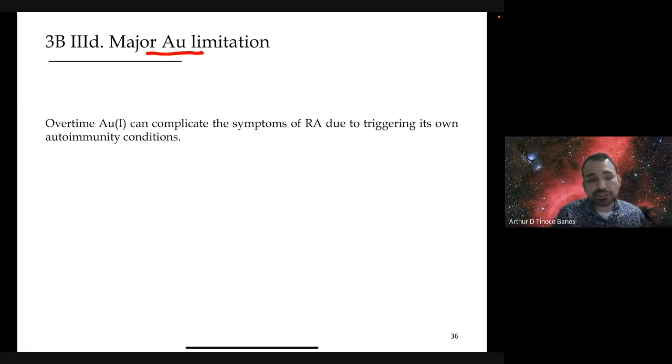It's interesting that it takes so long to have an effect, and who knows how effective it was even when it reached that point. That gives us some of the complexities of this metal, which does have, to an extent, an immunosuppressive role, but does have the capacity to trigger its own autoimmunity.